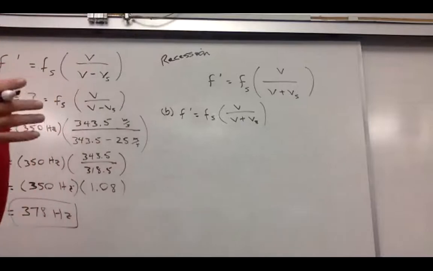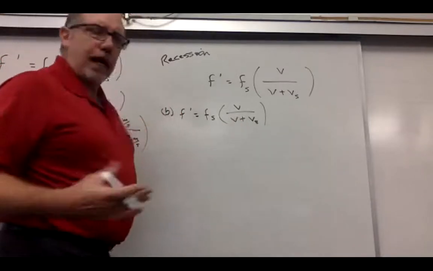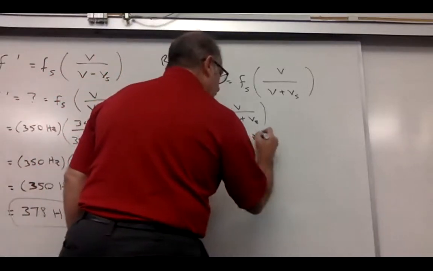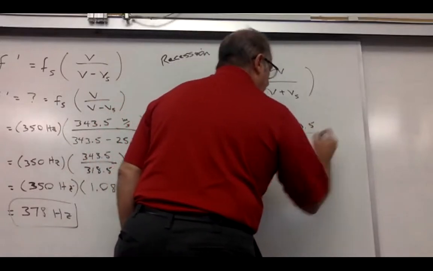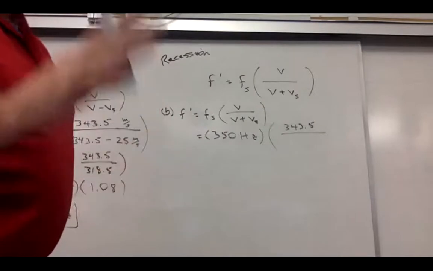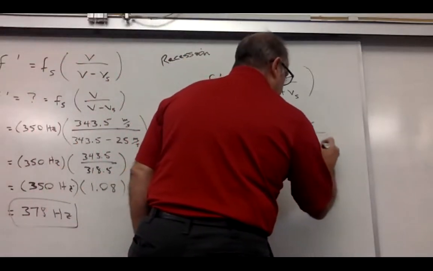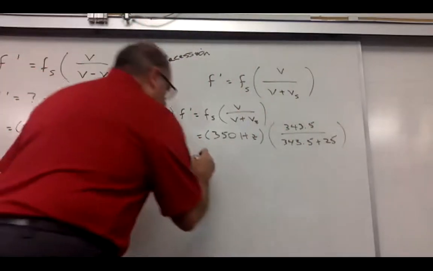The only difference is we're going to add in the denominator instead of subtract. Otherwise, it's the same. 350 hertz times 343.5. I'm just going to ignore the meters per second because I know they're going to cancel out. 343.5 plus 25.